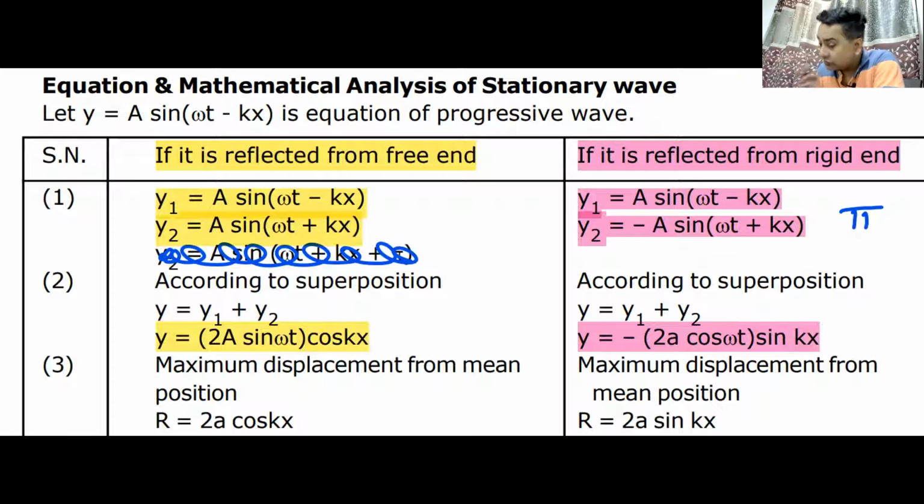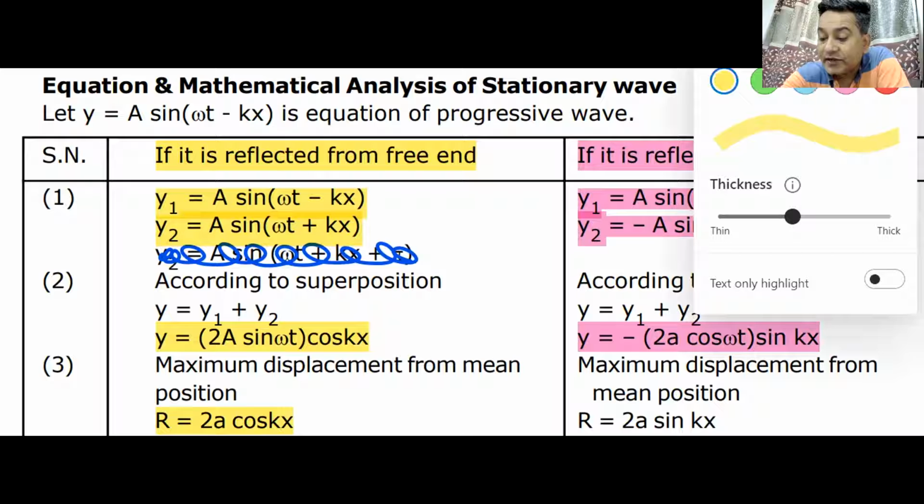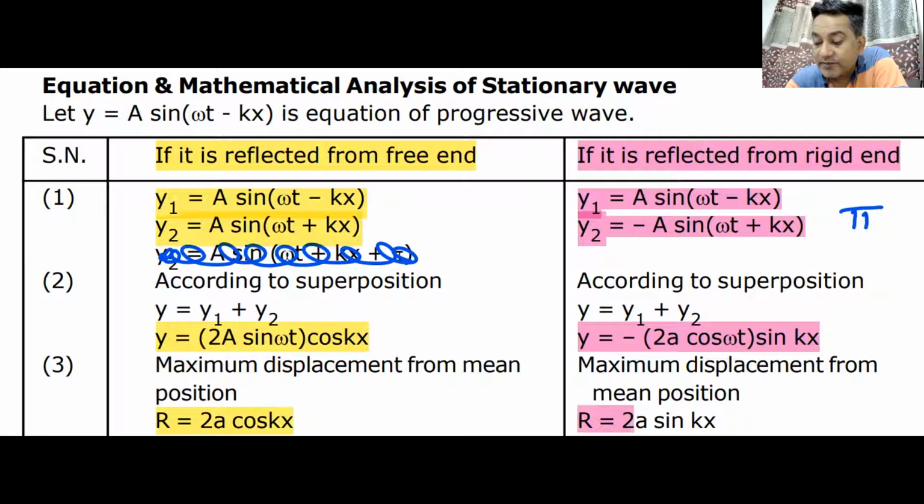That is how one equation will have sin, the other equation will have cos. The difference it creates is the maximum displacement of particles from the mean position. The left equation is 2 times a cos kx. On the right equation it is 2 times a sin kx. Sorry for the mistake. I hope you understand this.